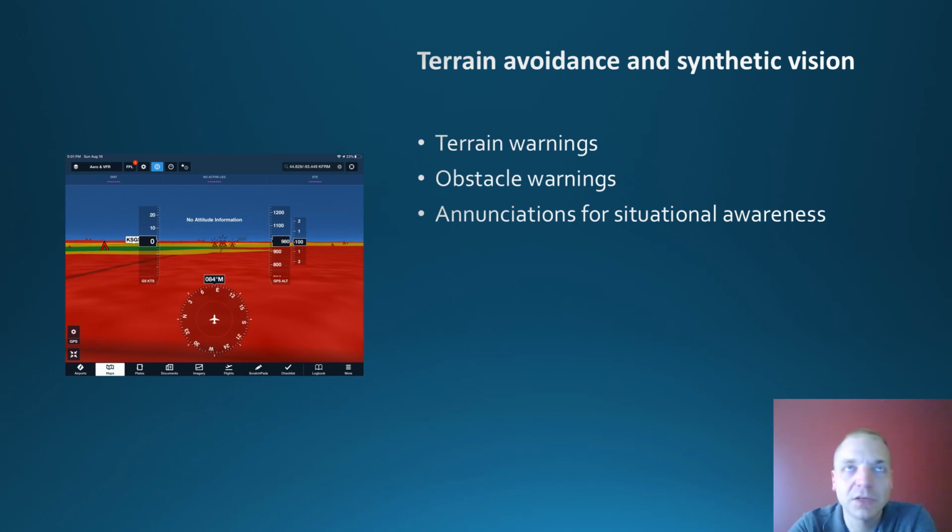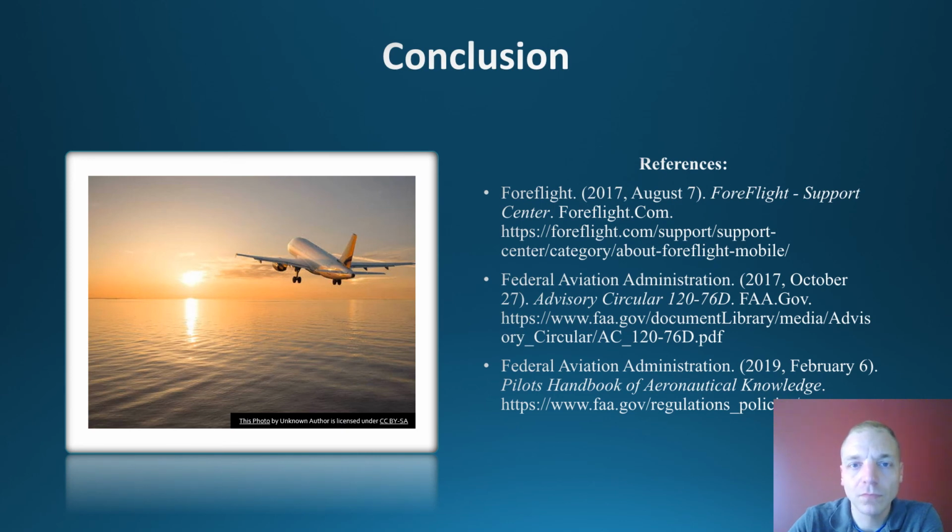Let's see, what else will it tell you? I've noticed too, it'll tell you if you're on final approach. If it thinks you're on final approach, it'll tell you final approach and the runway number, which is kind of nice if you have lined up for the wrong runway for whatever reason. Maybe another chance to correct a mistake. So nice for situational awareness, especially if you have that Bluetooth capability where you can actually hear those announcements. Otherwise it'll just show them across the screen.